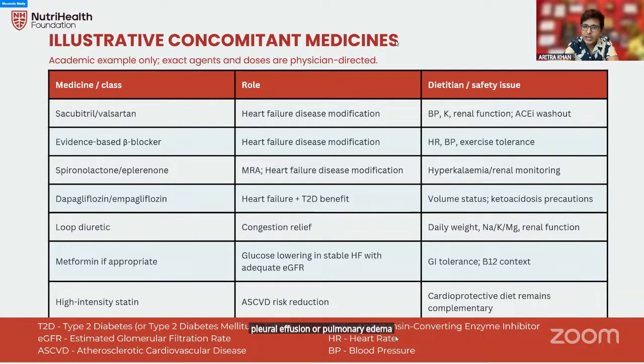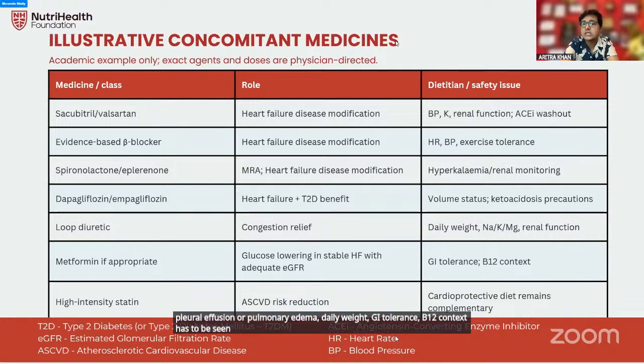Daily weight, GI tolerance, B12 context has to be seen, because there is a chance of hidden hunger. We have to check the minerals and micronutrients simultaneously, and a cardioprotective diet has to be given to the patient as complementary.